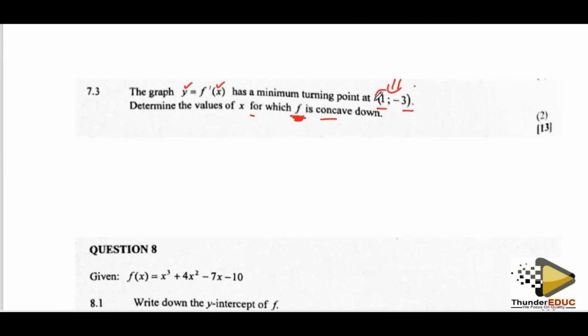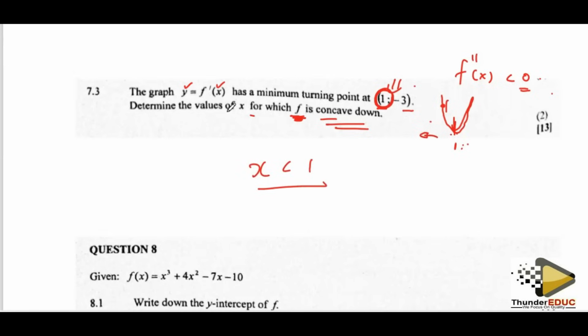So since our x is 1, and we're talking about concave down, remember whenever we find concavity downwards, we find the first derivative being less than 0. And in this case, since it is a graph in that sort of manner, the graph will only be concave down between x being 1 on the left hand side. So here I'm just going to say x must be less than 1. And those are the values of x for which it's going to be concave down.